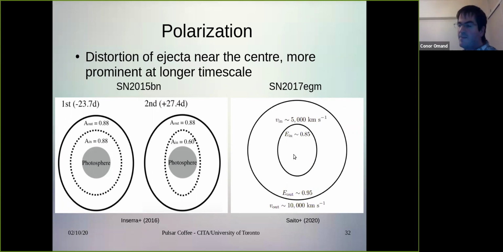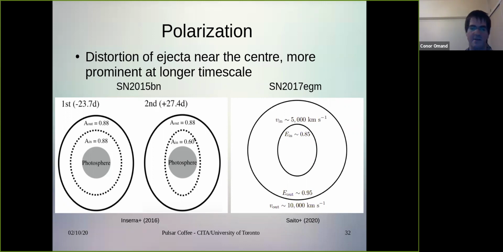So we have some evidence for something at the center distorting the emission, but we don't know if it's just a normal dipolar pulsar nebula, or maybe it's something similar to a GRB jet that's not breaking out of the supernova.